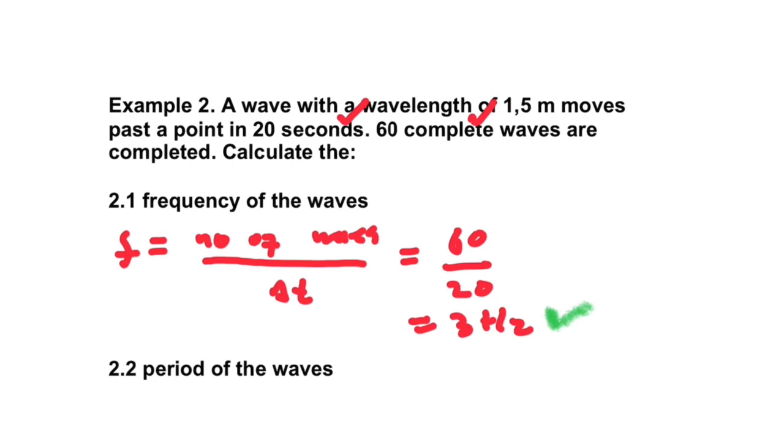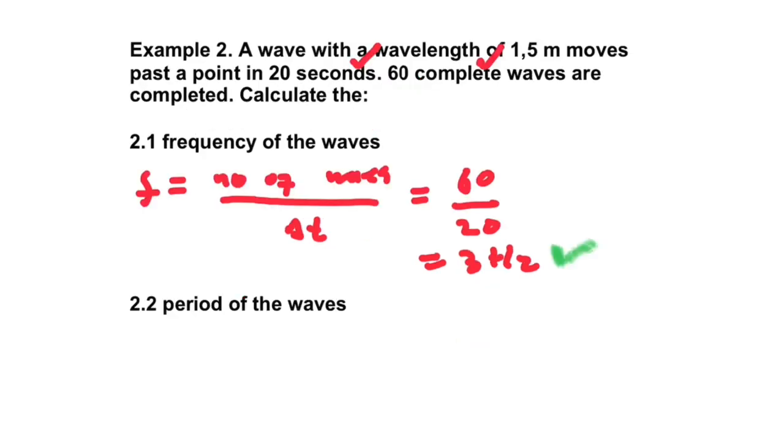Period of the waves. Now that we have the frequency, it becomes easy to determine the period of the wave. We know that the period, denoted by T, is equal to 1 divided by the frequency. So we're going to have 1 divided by 3, which is equal to 0.33 seconds.